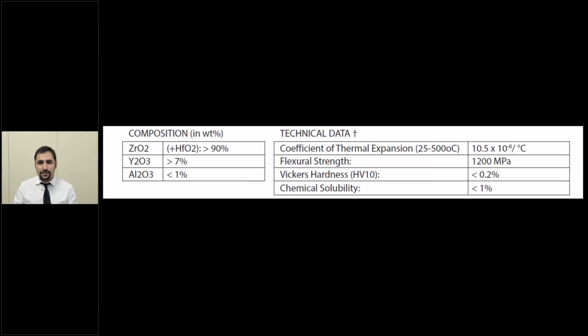So that's why Zirlux Transition is a 4Y zirconia, but it's a bit different than a regular 4Y because it has a different amount of yttria within this structure that makes it a different product. At the same time, it doesn't have as low a flexural strength as we might expect, which is around 1200 megapascal. So let's elaborate a bit more on that.